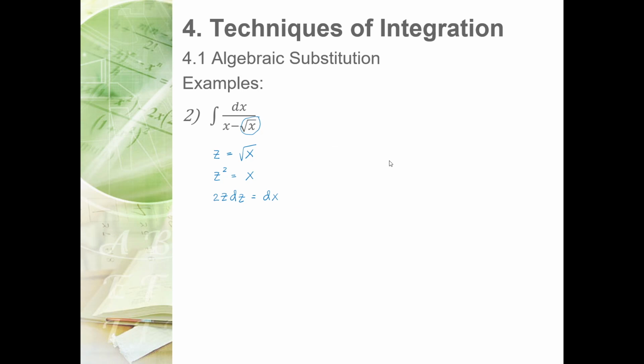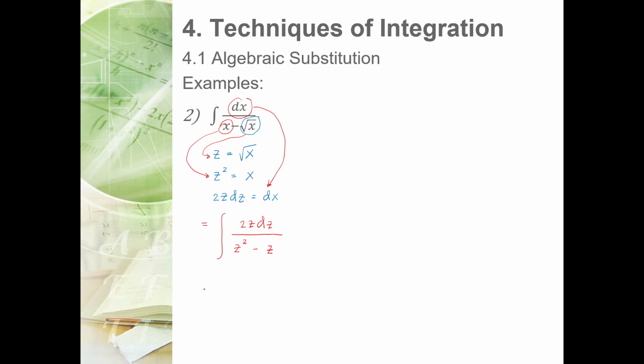Again, as we notice, we can now replace every term in the equation. This becomes z, x becomes z squared, dx becomes 2z dz. So the equation now is 2z dz in the numerator, replacing dx. X is now z squared minus square root of x, that is z.